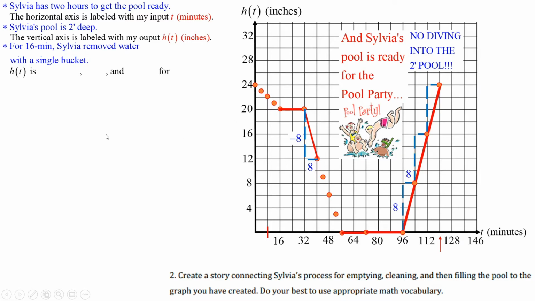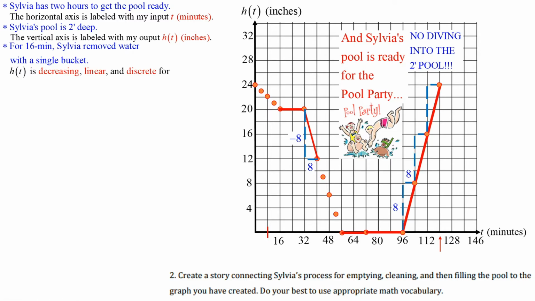There's a negative slope right there. And isn't that a straight line? So it's linear. And then finally, that's just a scatter plot, so it's discrete, because we're moving that water out of the pool 1 bucket at a time.